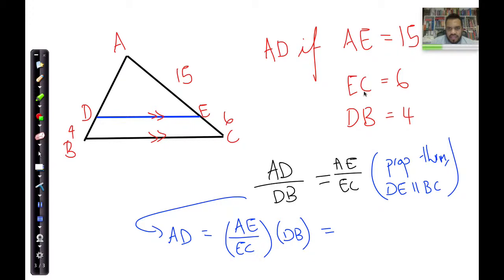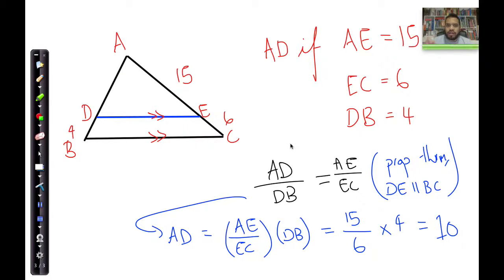And AE is 15 units, EC is equal to 6 units, and DB is equal to 4 units. So 15 multiplied by 4, that's 60, divided by 6, and the answer should be 10 units. And there we go. And we used the proportionality theorem.